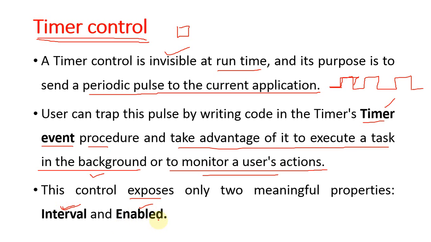As usual, Enabled is common to all the other controls. It enables the control if it is set to true, and disables the control when Enabled equals false. Enabled or disabled is nothing but whether it is active or inactive, whether the user can interact with it or not.